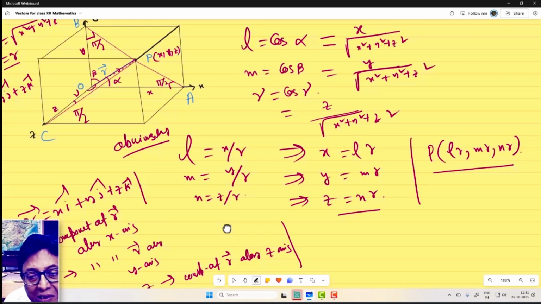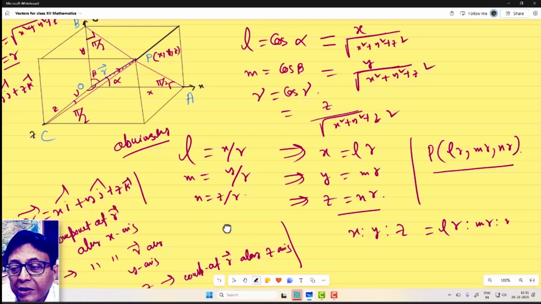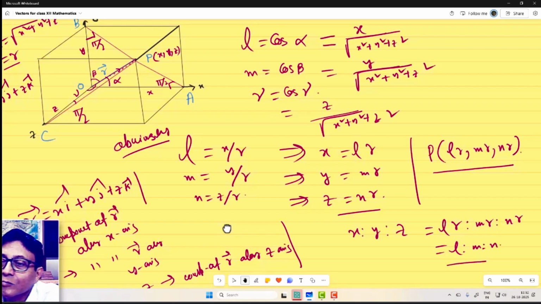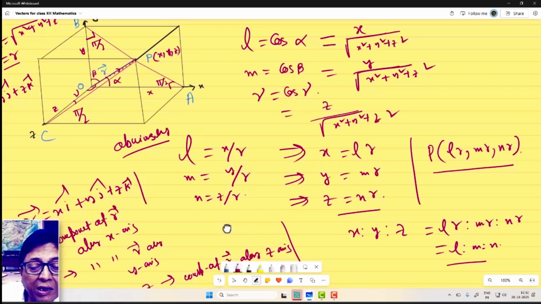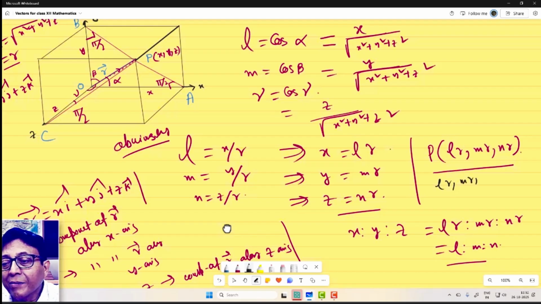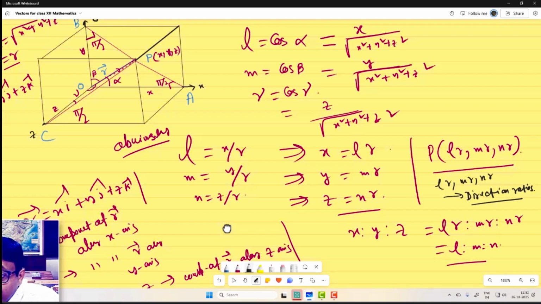If you just find the ratio of these three, x, y, z, it is going to be LR, MR, NR, that is L is to M is to N. These three quantities LR, MR and NR are called direction ratios of the vector.